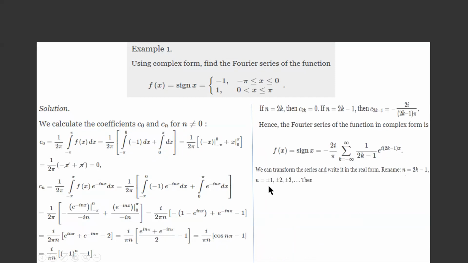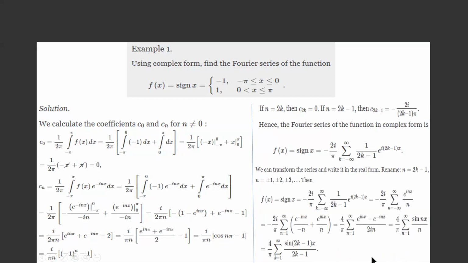If n is even, I will have plus 1 here and minus 1 here, so this will vanish, will be 0. This is why we let n equal this one, and your n is an odd number. This is the Fourier series in the complex form for my function.